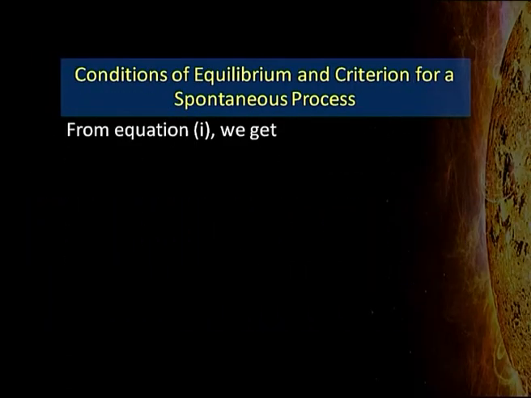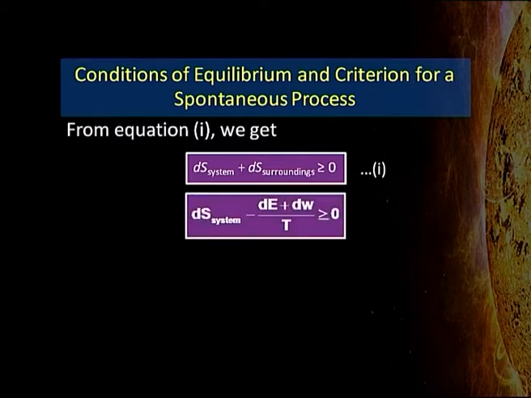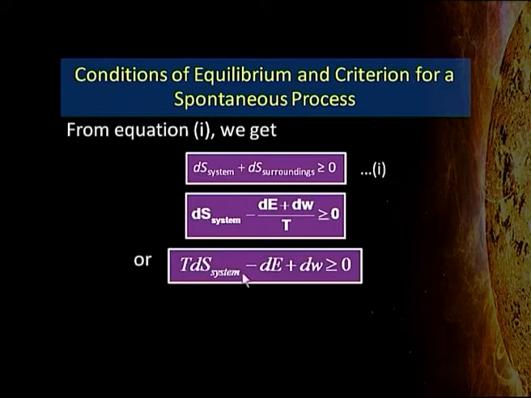From equation 1, we will get dS system plus dS surroundings is greater than or equal to 0. We can have dS system minus dE plus dW divided by T is greater than or equal to 0, or rearranging this equation, we will have T dS system minus dE plus dW is greater than or equal to 0.